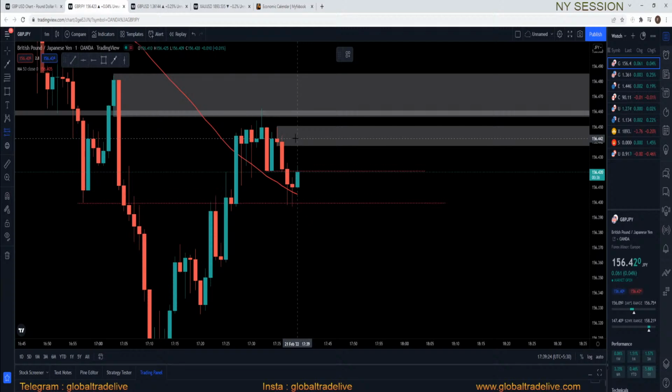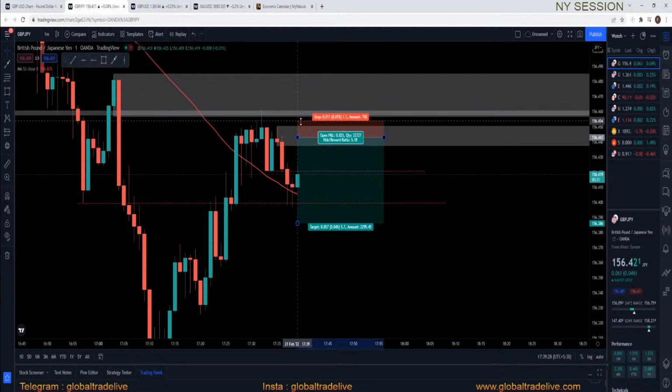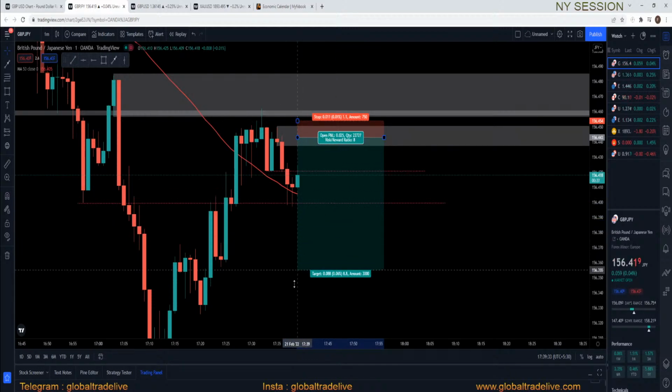I'll try to take a trade in this area now, and will keep my stops above this area.